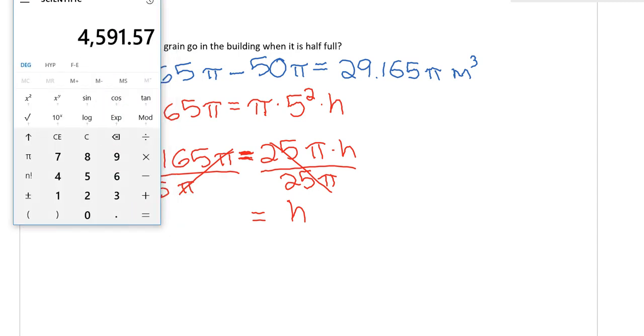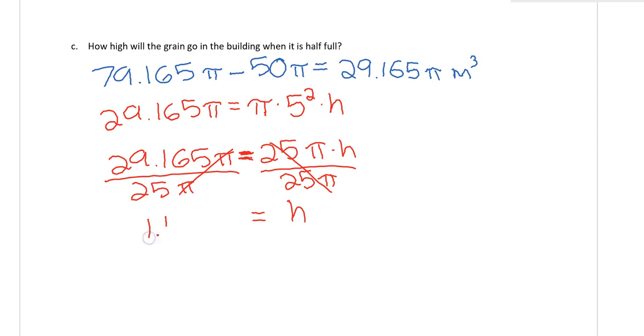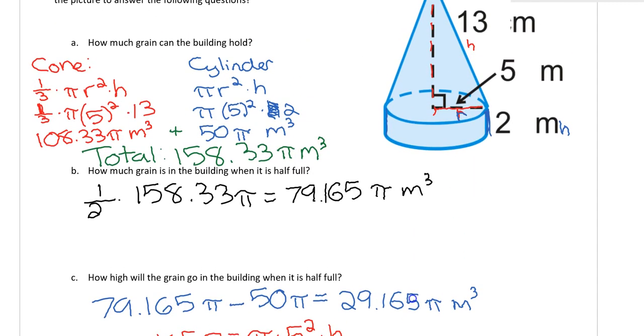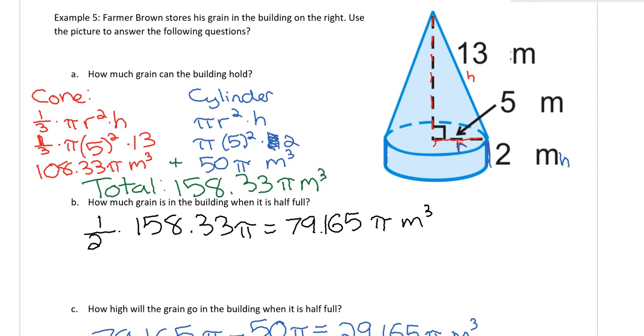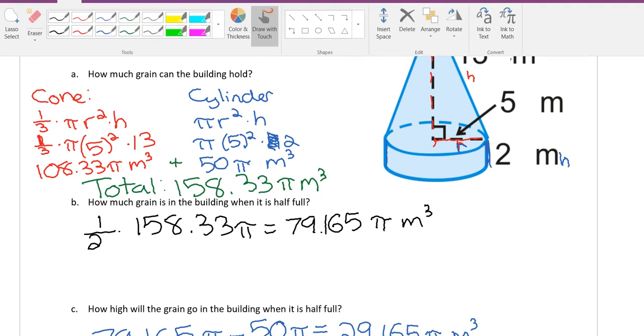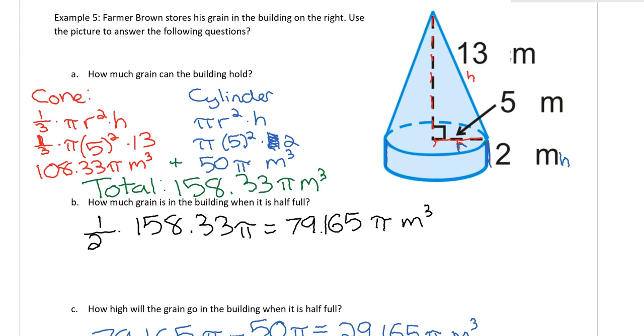29.165 divided by 25, which is about 1.166 meters. Okay. So, looking at this, my total height at the end, I'm going to fill up all 2 meters.